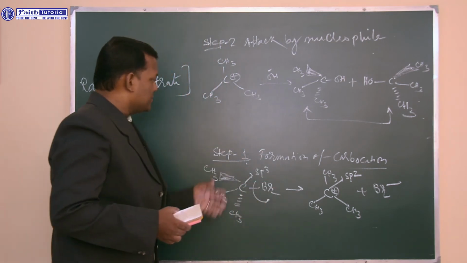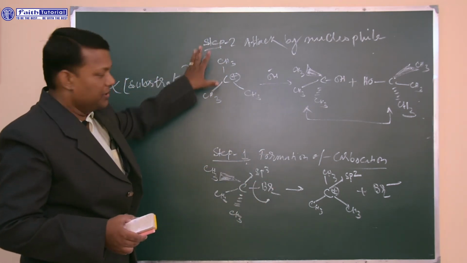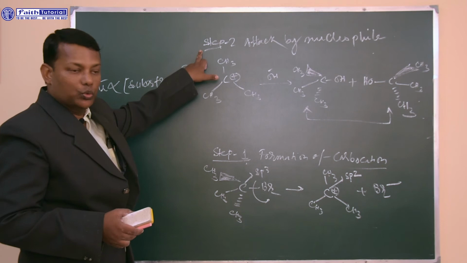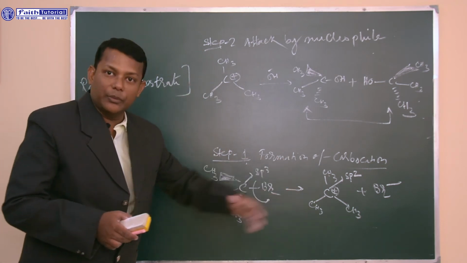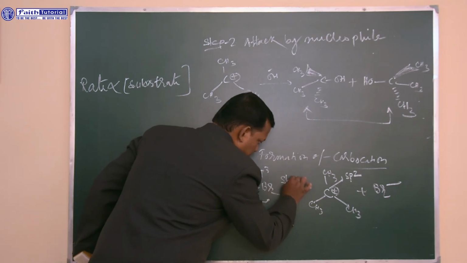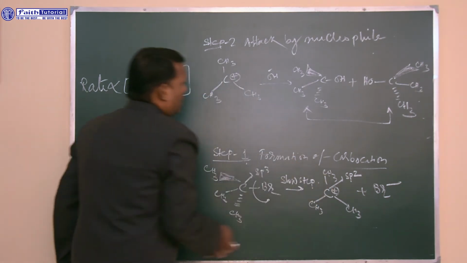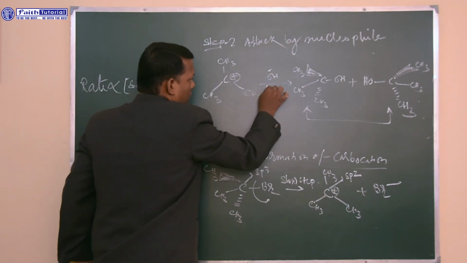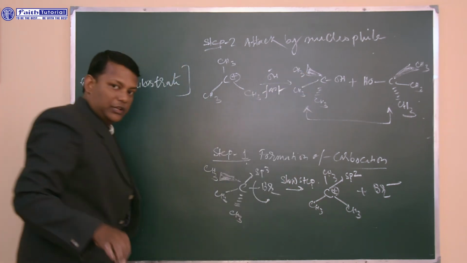In these reactions, two steps are involved. Step 1, formation of carbocation, is the slow step. Step 2, attack by nucleophile, is the fast step.